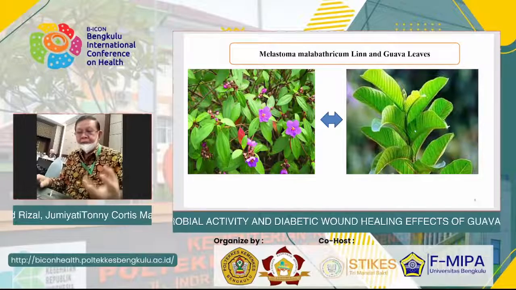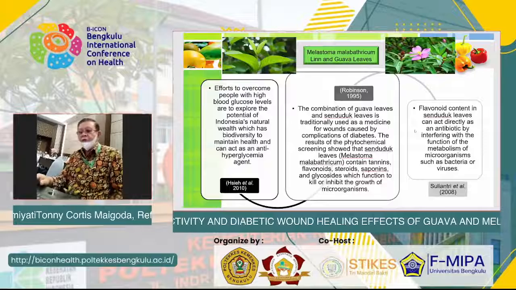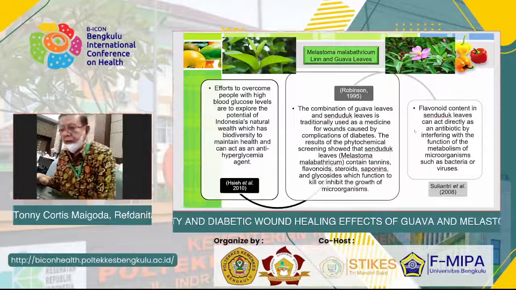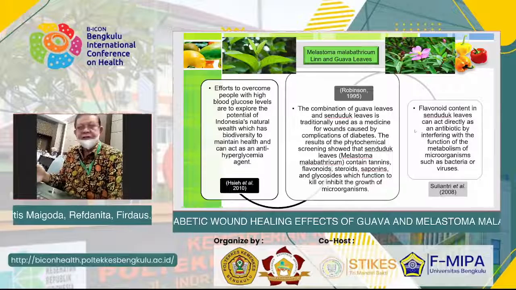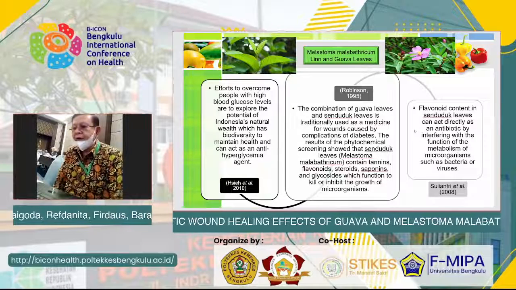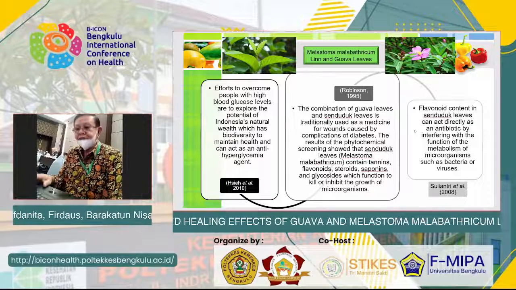The purpose of this study was to determine the potential of guava and Melastoma malabathricum Linn leaf mix gel activity as an antimicrobial and wound healing agent, experimentally in rats.